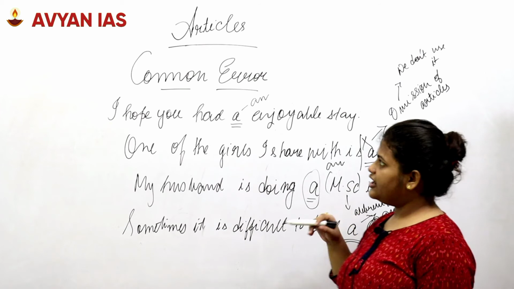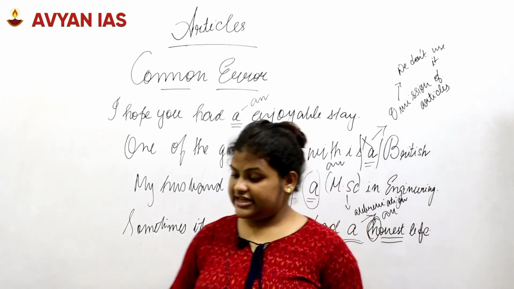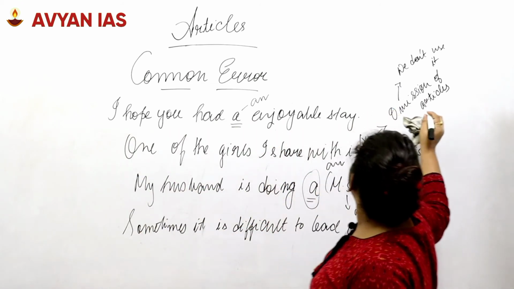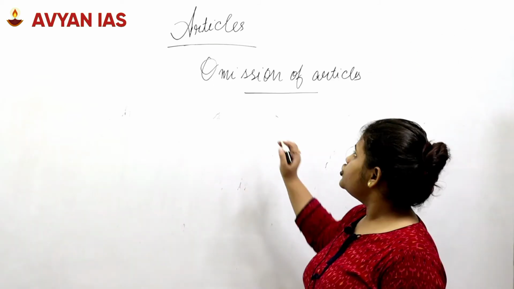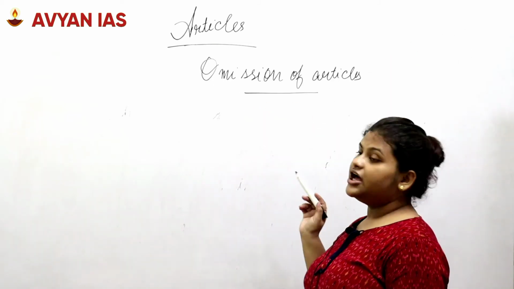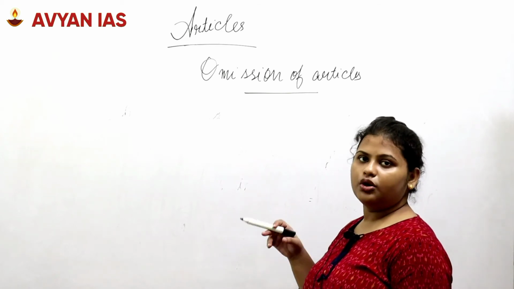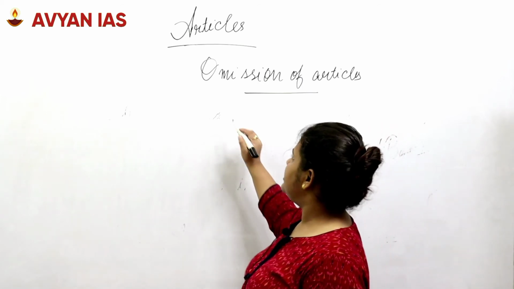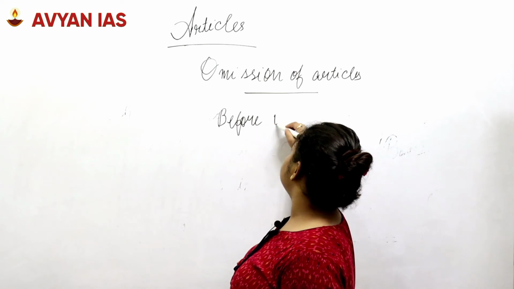So these are the few errors which I could talk about, and other than that, let us take a look once more at this particular topic of omission of articles. So omission of articles in sentences: which are the places where we cannot use an article? That means we don't need to use it. For example, before uncountable nouns.